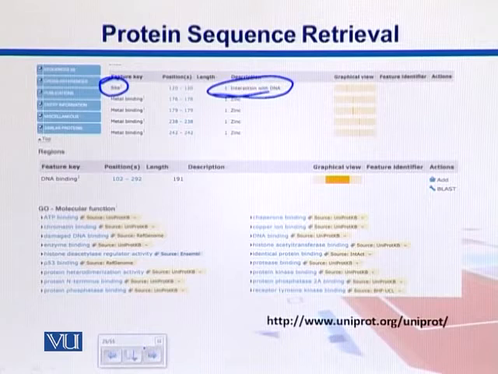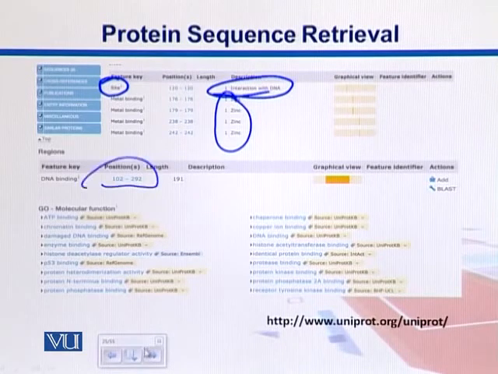In the same way, there are different metal binding sites. Mainly it's binding to zinc metal, and the amino acids are shown here. These are the regions from which it interacts with the metals. Down below we can also see the DNA binding region, for example amino acids 102 to 292, and that is shown as a graphical view here also.